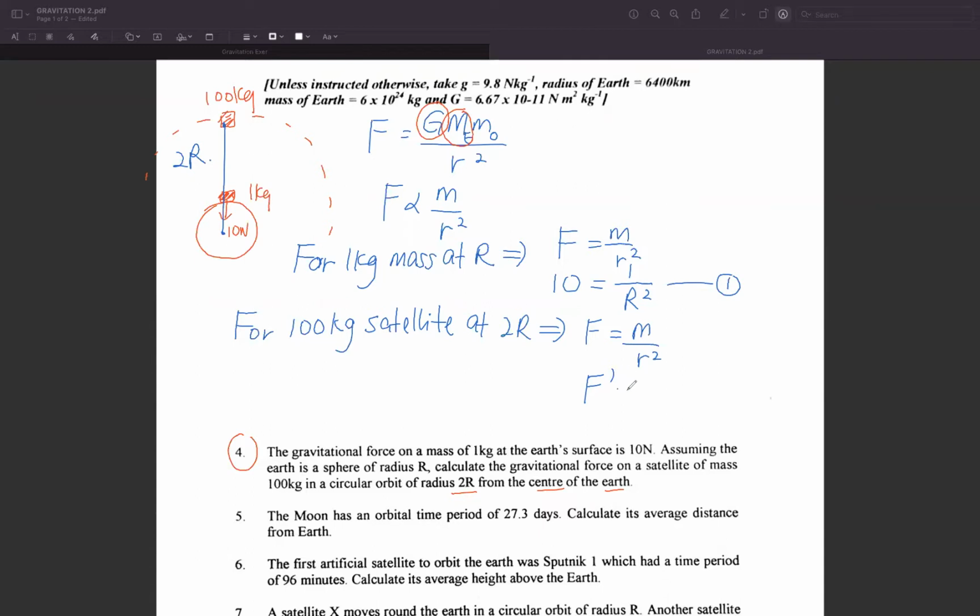So F dash equals to, the mass is 100 over 2R and then square. Okay, so this one equals to 100 over 4R squared, or 25 over R squared. Okay, this is my equation 2.